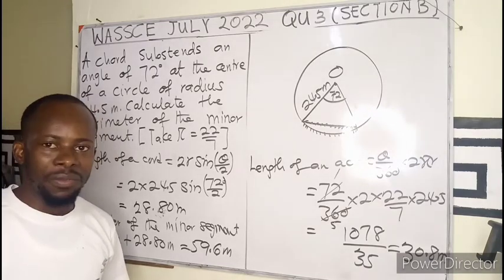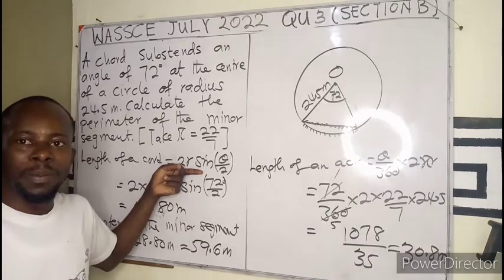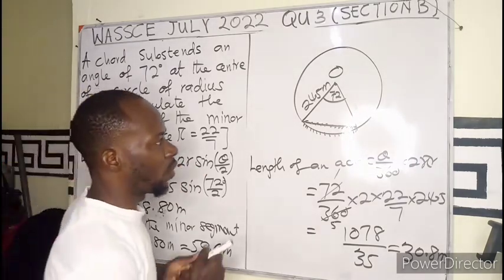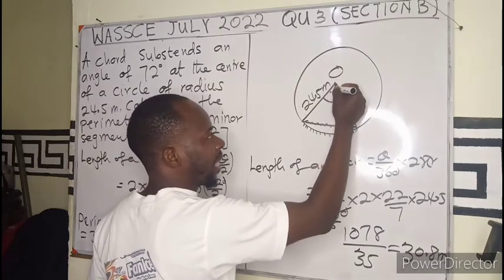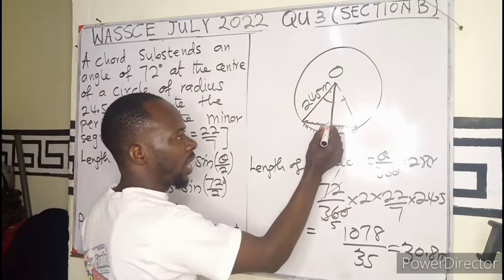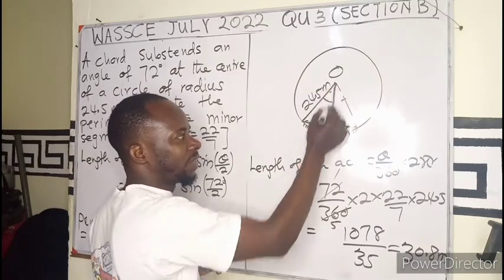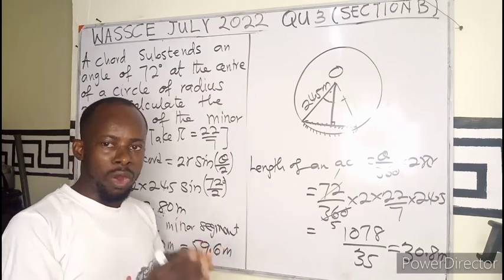Alright, I believe you get the concept. Now, if you cannot remember this formula, then you can also say that if I draw a line from the center, I believe that will form a right angle triangle here. This line that moves towards the chord divides the chord into 2.